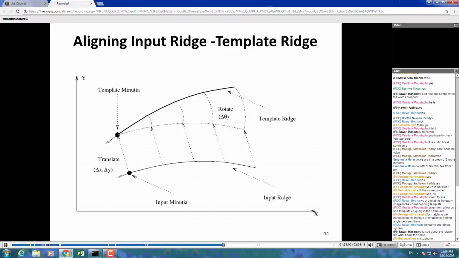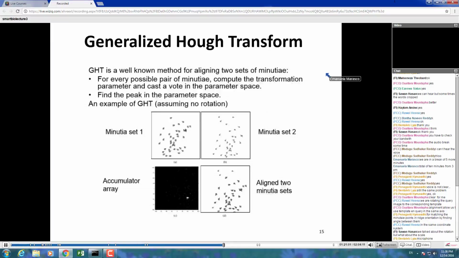So for every possible pair of minutia, we compute the transformation parameters, delta x, delta y, and delta theta, used for rotation and translation. Then we use an accumulator array. At the end, we can obtain the aligned minutia set.